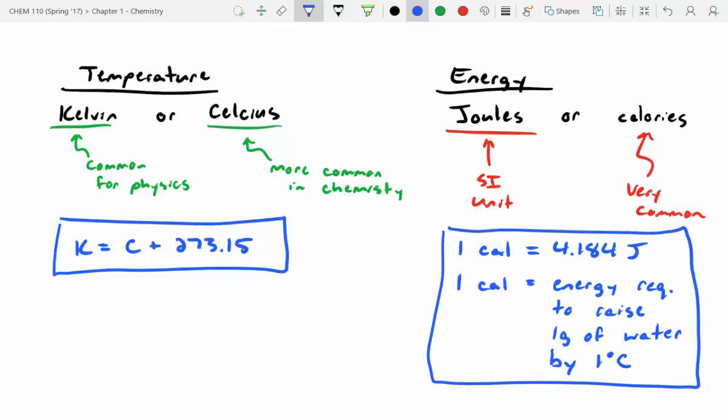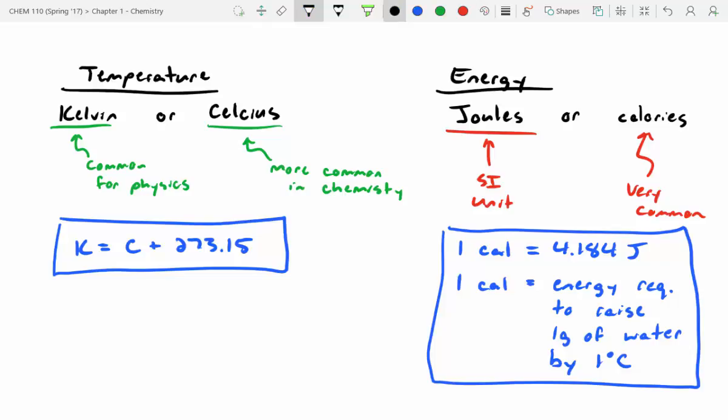So we're able to convert these pretty easily, and if you go on and take general chemistry, you'll talk about things called bomb calorimeters, where we can actually measure the amount of energy contained within chemical bonds. And we do that by basically measuring the increase of water temperature.